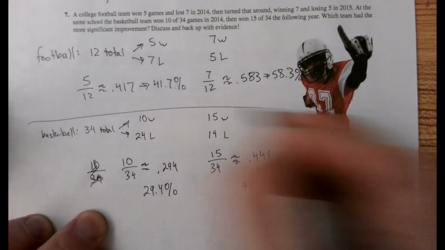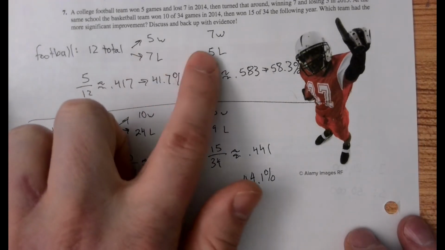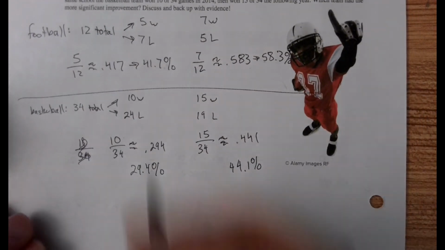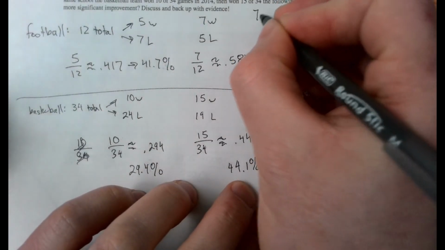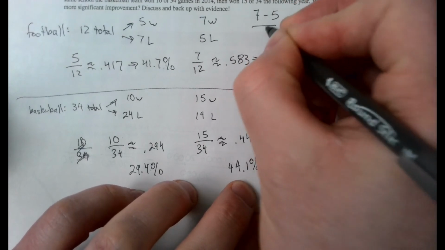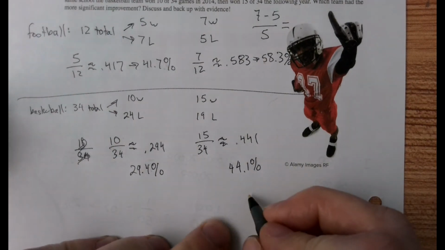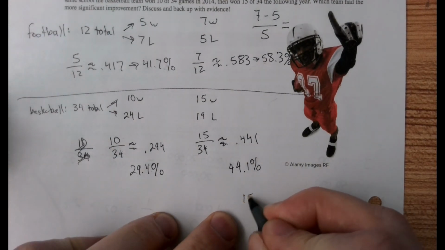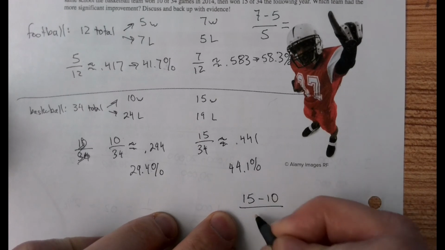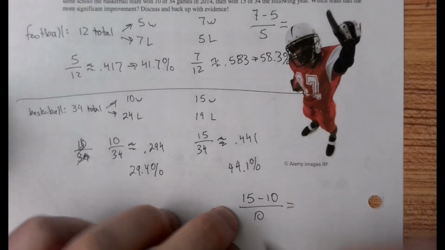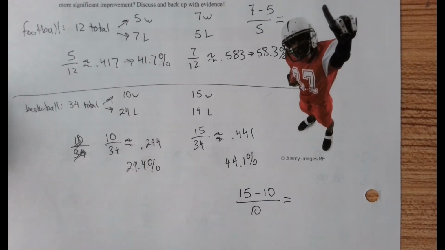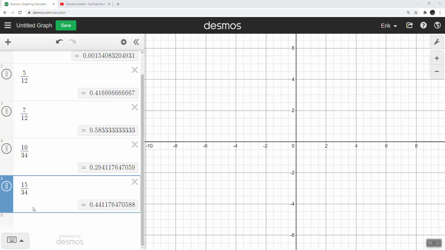In this manner, we're going to ask what is this change relative to the previous year? So we're going to do 7 wins minus 5 wins divided by 5 wins. That's going to be the relative change of winning games. Down here, we're going to do the new year, 15 wins minus 10 wins divided by 10 wins. Here we're applying the relative change formula to hopefully get us a better picture of what's going on.